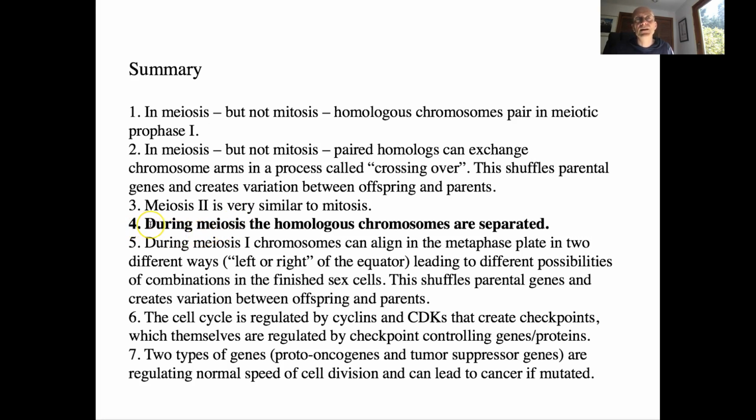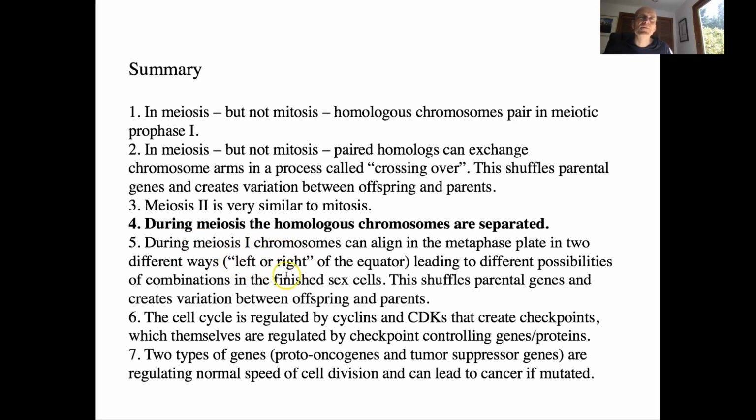Then, just like for mitosis, I bolded a statement here for meiosis, and that is the main feature of meiosis: during meiosis, the homologous chromosomes are separated, while during mitosis, the sister chromatids are separated. So definitely something to remember. During meiosis 1, chromosomes can align in the metaphase plate in two different ways.